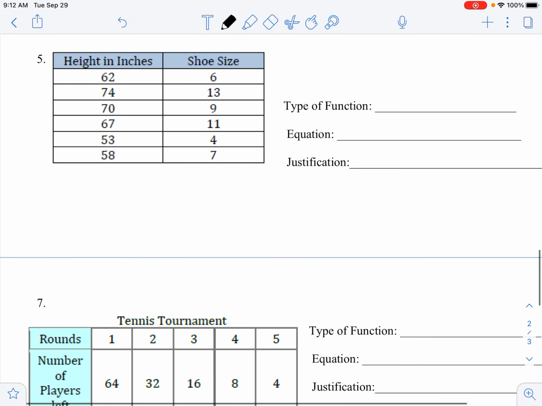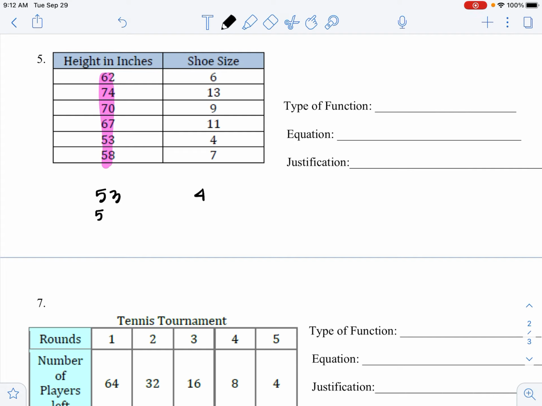All right, let's look at this next one here. So I'm going to look at my x values first just to make sure they're in order, increasing by 1, and they're definitely not, right? So let's see if we can get them in some sort of an order. So 53 would come first, and the output is 4.